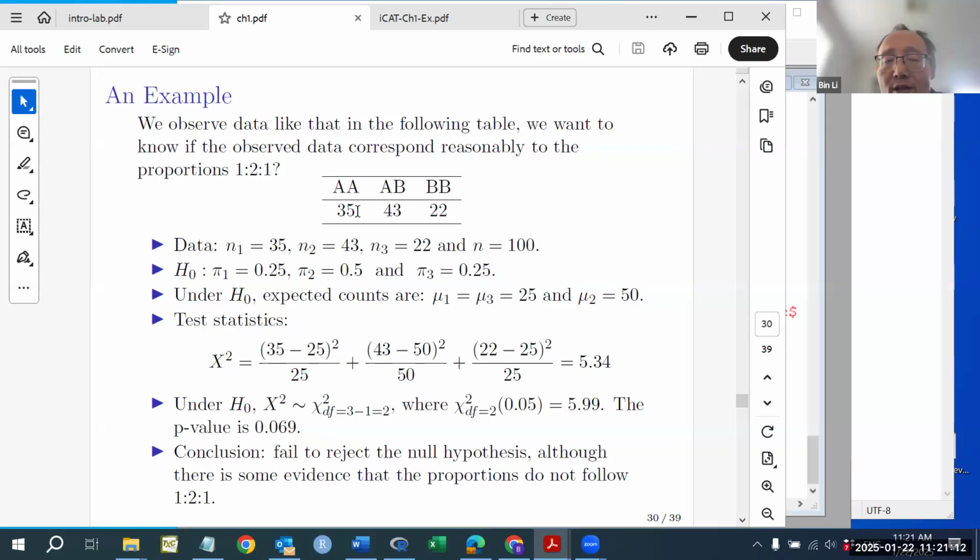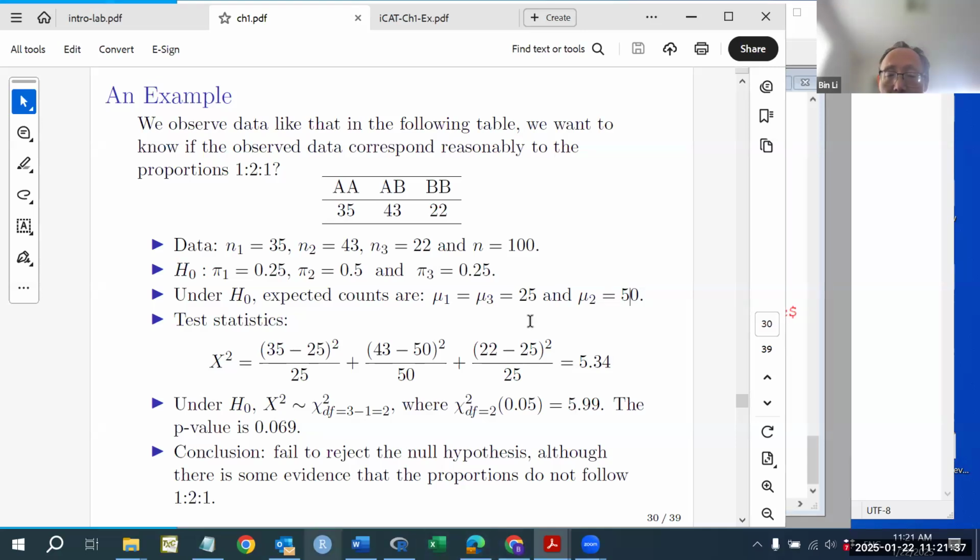What we observed is 35, 43, and 22 for each. So the test statistic x squared is this divided by this, plus this, plus this. Doing the calculation, you will find it's 5.34.